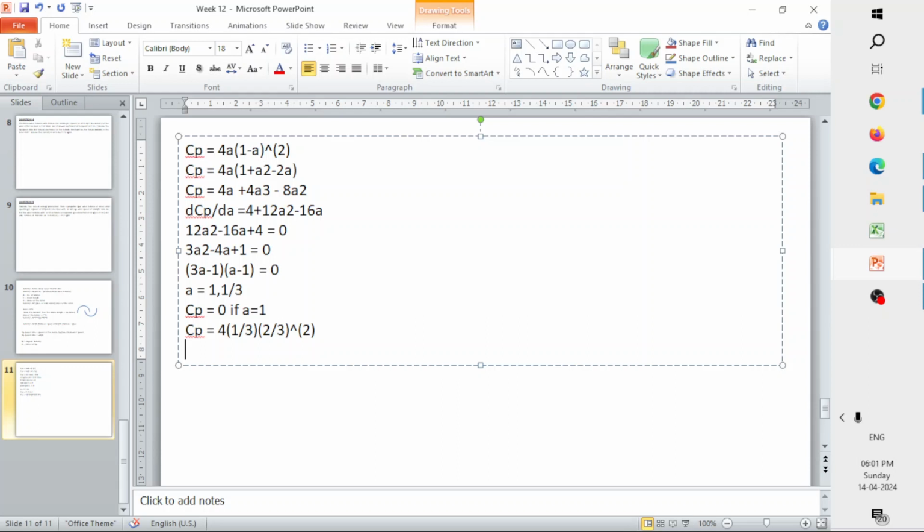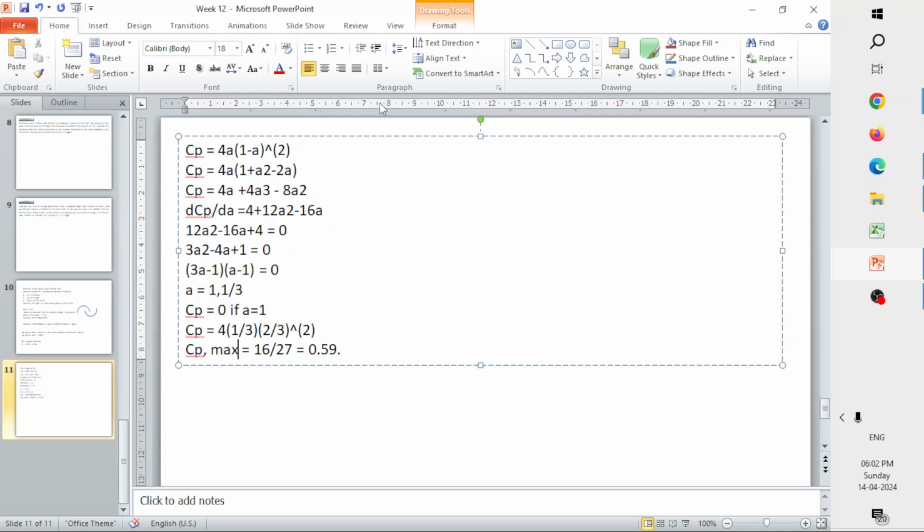So 4 by 3 times 4 by 9 is nothing but 16 by 27, and that value will be around 0.59. So this is the value of Cp max.